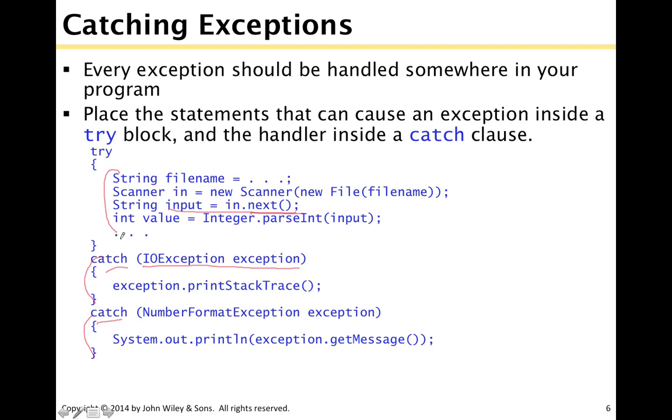In the try block, if an exception is thrown by one statement, then the program execution jumps into the matching catch block, and the rest of the try block is skipped. If no exception is thrown in the try block, then all catch blocks are skipped. That's the execution flow when you have a try and catch block.